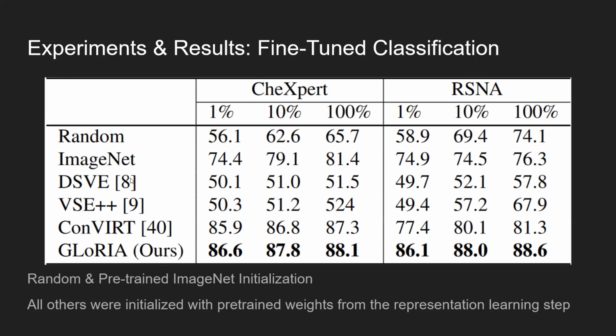Surprisingly, however, DSVE and VSE both did worse than randomly initialized weights, but the ImageNet initialized weights did very well. And then ConVIRT and GLoRIA both performed very well, and in some cases it was very close, and GLoRIA on the RSNA dataset very much outperformed ConVIRT with the entire data set being utilized.